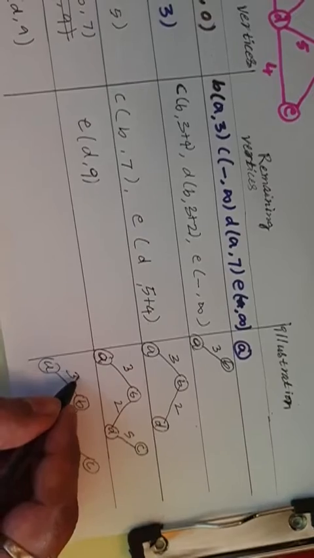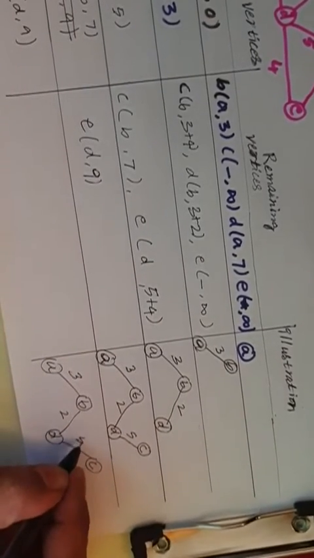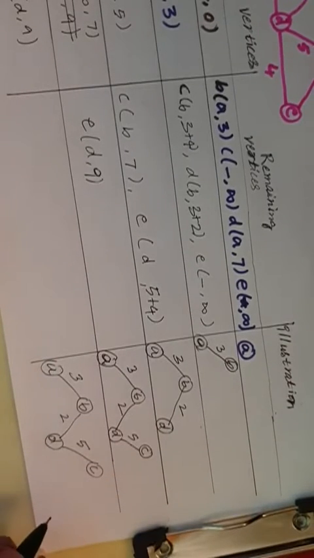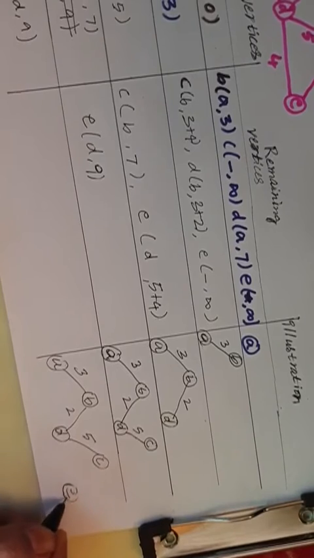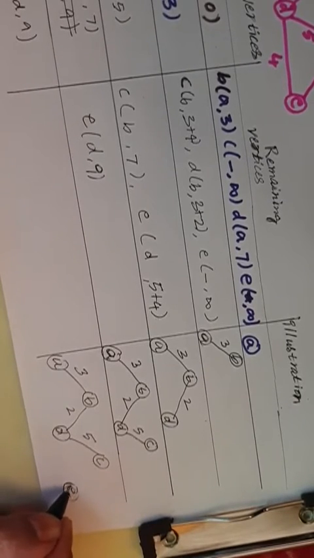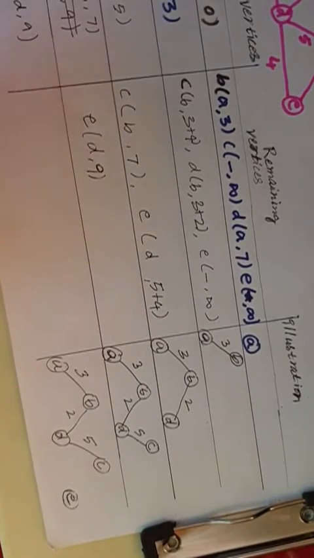Costs are 3, 2, and 5, and E is inserted now through D.